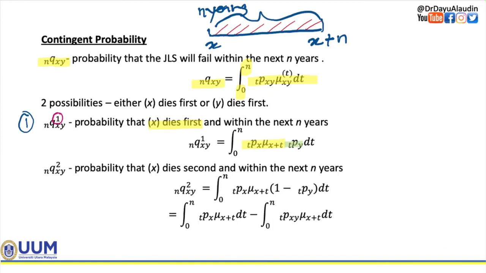So meaning that we are looking for the probability that X dies first while Y still survives at T.